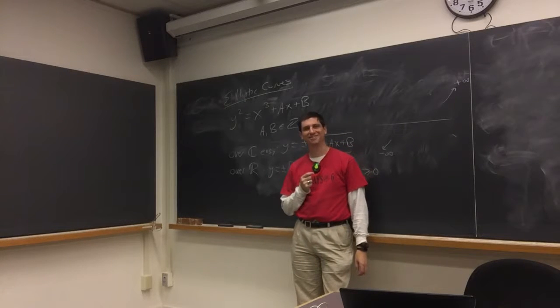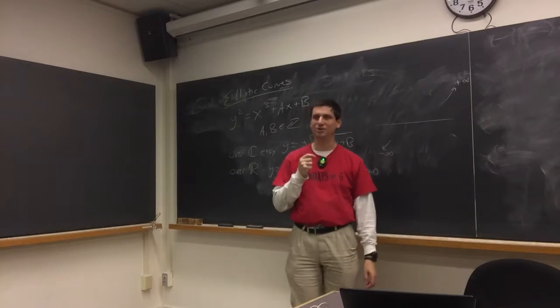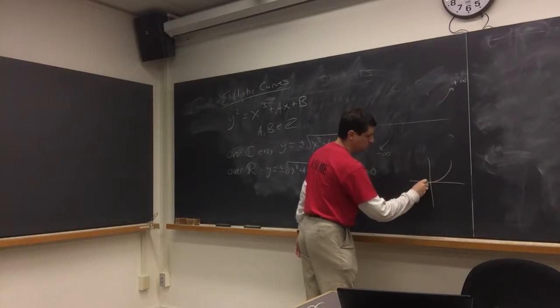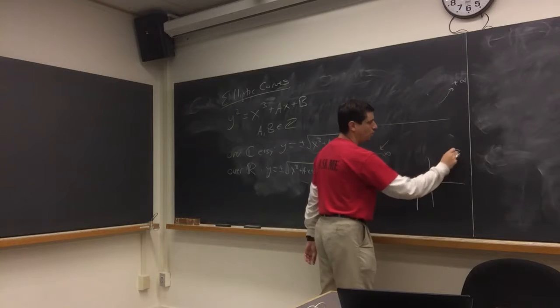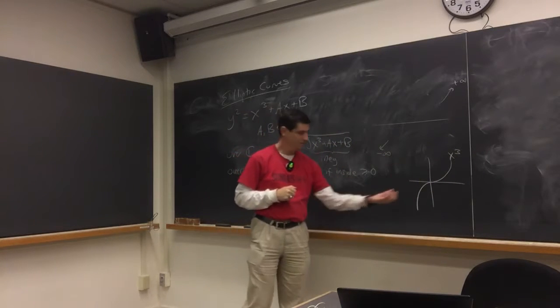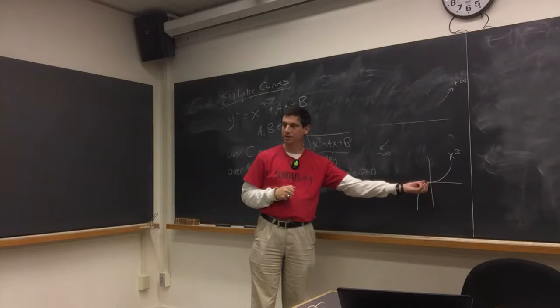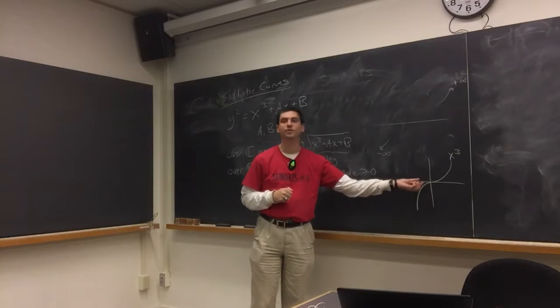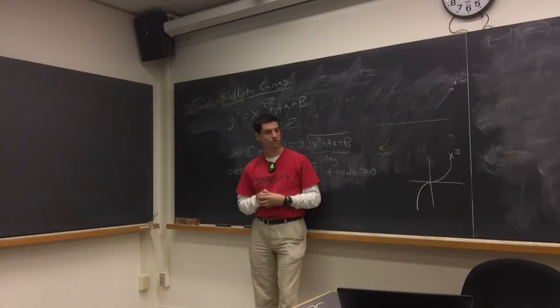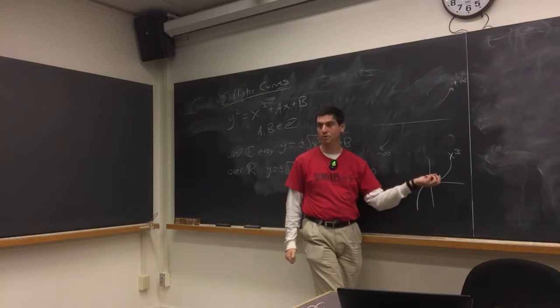But you start off right. x cubed. x cubed is a bad cubic, right? Why is x cubed a bad cubic? Because it has a point where the derivative is 0, but it's not a maximum. Yeah. It has a place where the first derivative vanishes, but it's not a maximum or a minimum. The second derivative also vanishes here, so you have to go to the third derivative test. And it turns out that this is not a maximum or a minimum.